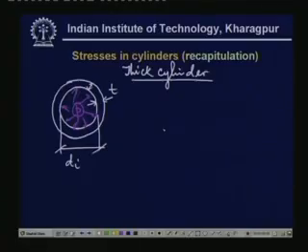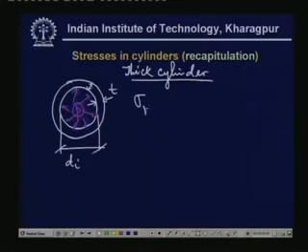Now for the thick cylinder subjected to internal pressure, as I said, the stress distribution is independent of whether the problem is a plane stress or plane strain problem.